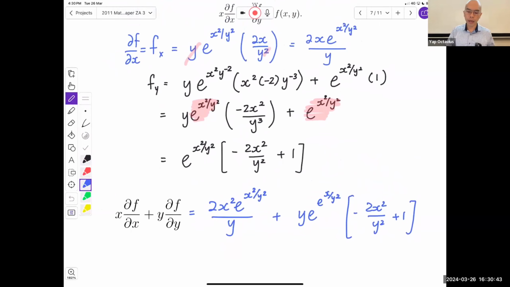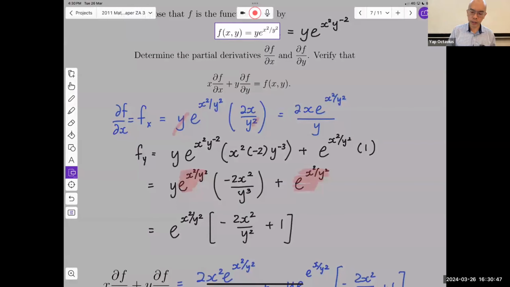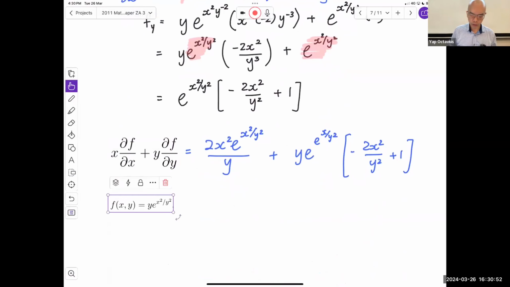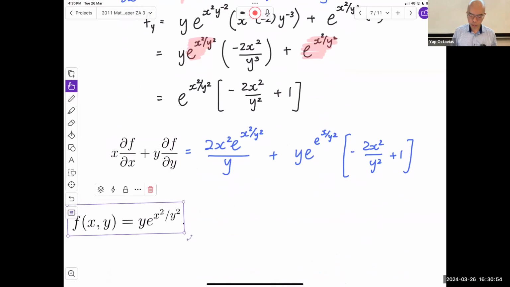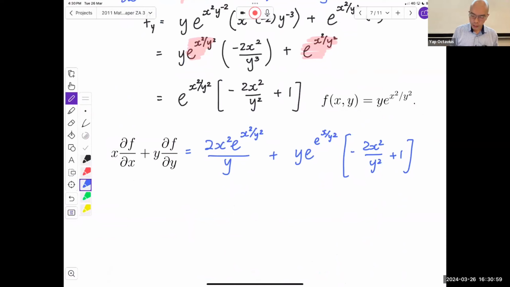So what I need to get back, we just need to keep focus. We need to get back this term. We need to get back this one. Let's see when we write, whether we get it back or not. There's a common factor, we can take it out. Let's take out the common factor first. Here is left with 2x squared over y.